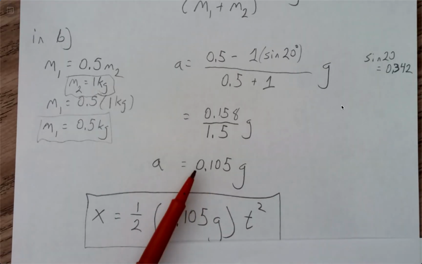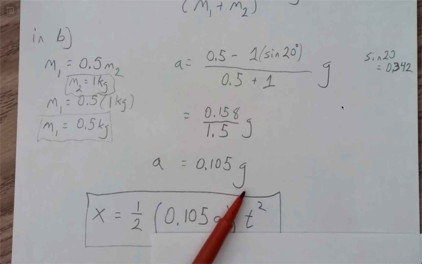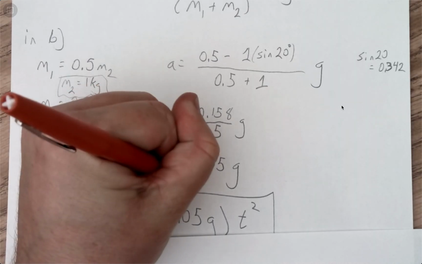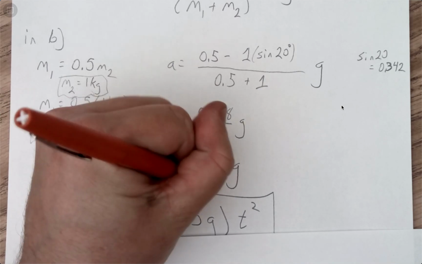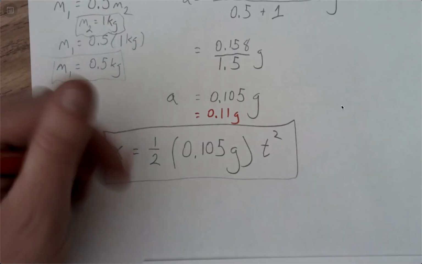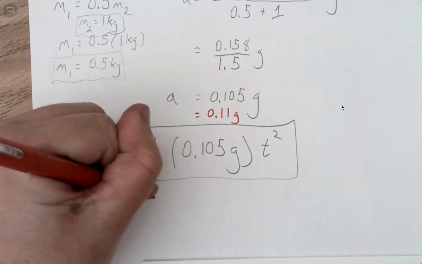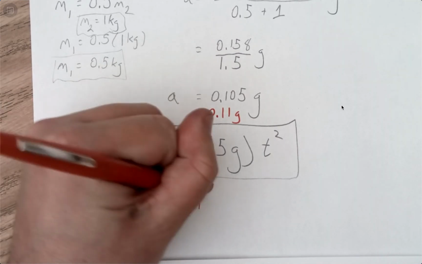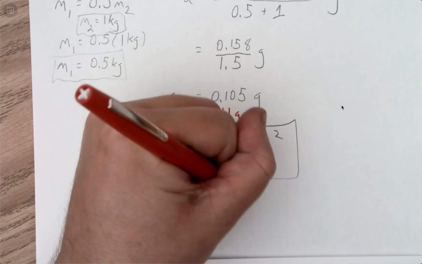I get my acceleration is 0.105 g. Now I should actually use sig figs and have this 0.11 times g and be consistent, getting that my x is 1/2 at squared, 1/2 of my 0.11 times g t squared.